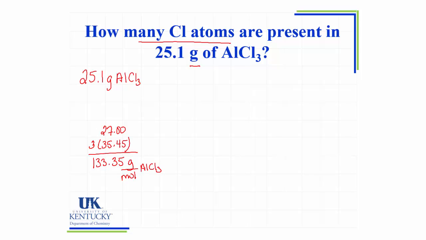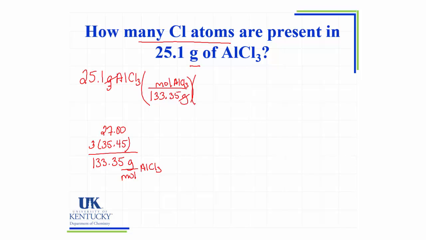I notice that where I started my problem, I have grams in the numerator, so I'm going to have grams in the denominator of the next step. So I have 133.35 grams per mole. Now my grams will cancel, and this gets me to moles of aluminum chloride, but now I need to make the jump from moles of aluminum chloride to moles of chlorine atoms, and I can do this using the subscript in the chemical formula.